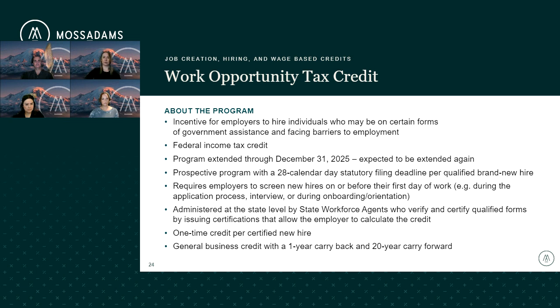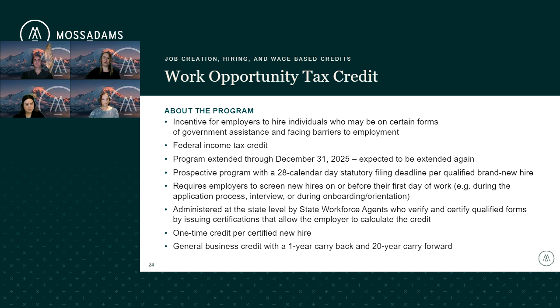The program does require employers to implement a process to capture qualified applicants or new hires and then file applications with state workforce agents. Those agents are the party that verifies and certifies the qualified new hire so that the employer can take a tax credit on the wages paid to that individual.